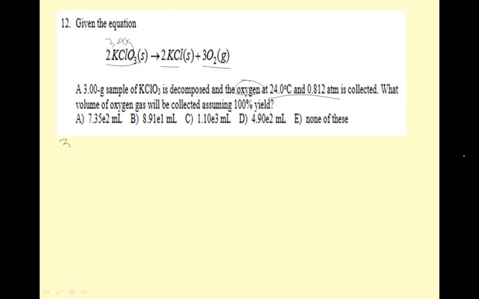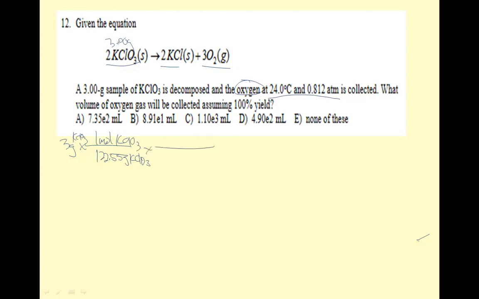So what's going to happen is I'm going to do 3 grams times a conversion bar of KClO3. And then I have to go to the periodic table. So potassium is 39.1 plus 35.45 plus 48 is 122.55 grams KClO3 per 1 mole KClO3.